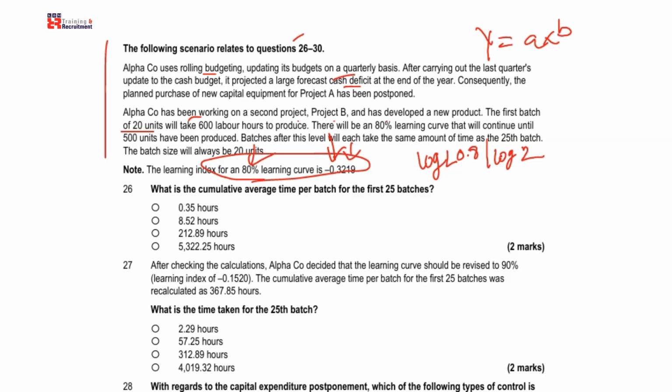There will be an 80% learning curve that will continue until 500 units have been produced. Batches after this level will each take the same amount of time as the 25th batch. The batch size will always be 20 units.